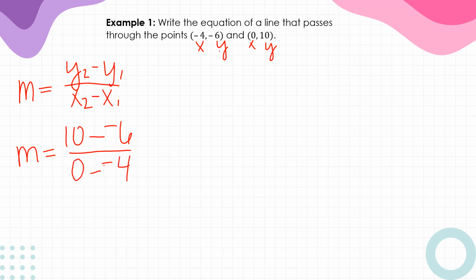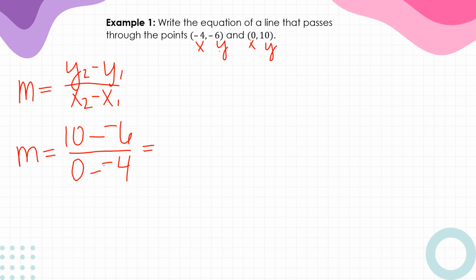So be really careful when you're subtracting a negative. That changes it to addition. You can also utilize your Desmos calculator and type this in, and it will give you the slope. Be careful if it gives you a decimal. We're always writing the slope as a fraction because it represents, again, our rise over our run.